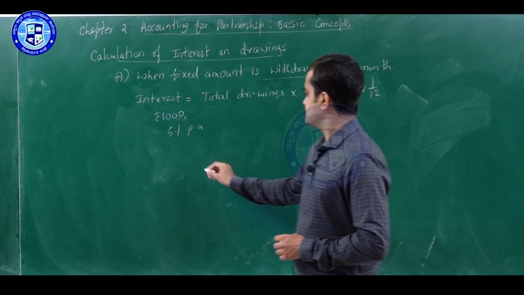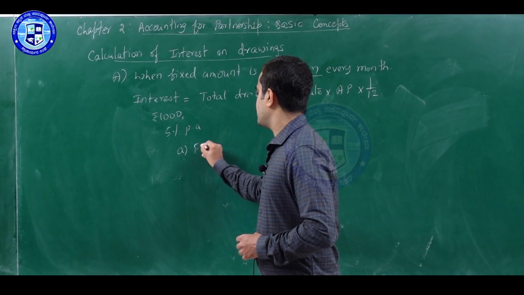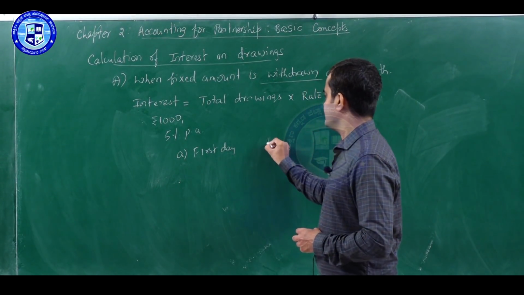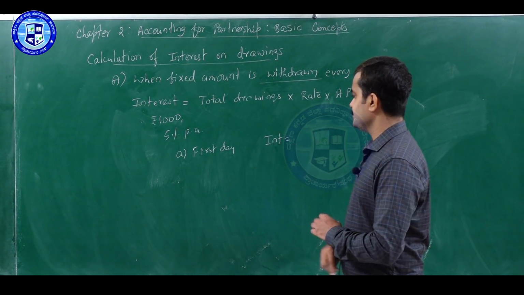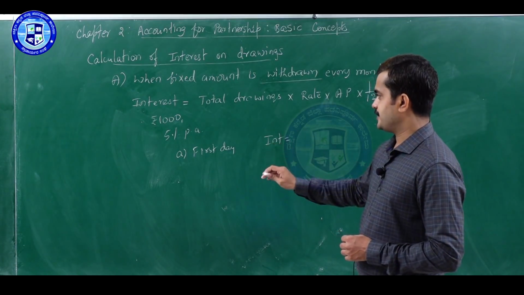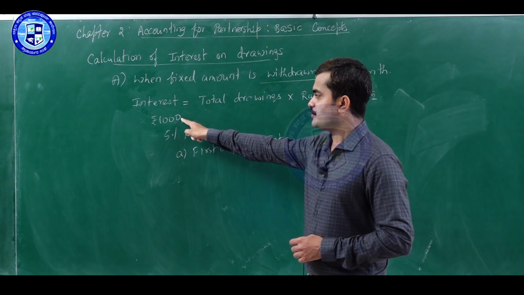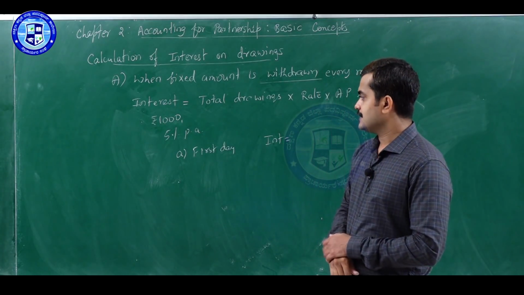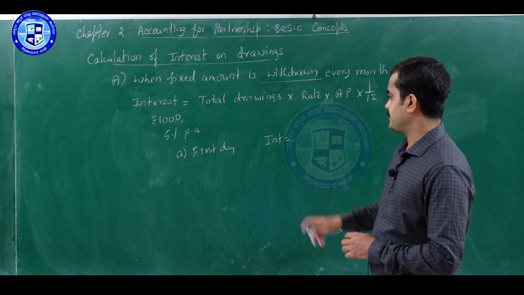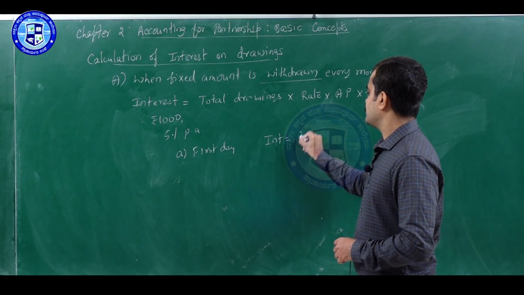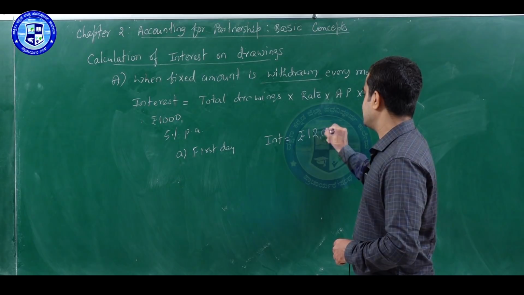So, suppose it is the first day of every month, then interest will be equal to total drawings. So, we have to calculate the total drawings now. Each month 1000 has been withdrawn. There are 12 months in that accounting period. So, total drawings will be equal to rupees 12,000, monthly 1000.